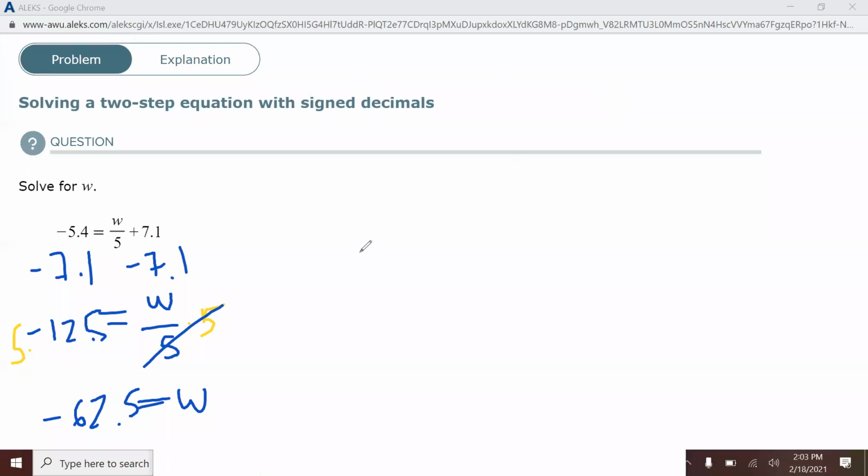And that's it. Like I said, I could have started by multiplying everything by 5, all three terms, and then proceeding from there, but I felt like this might be just a little easier.